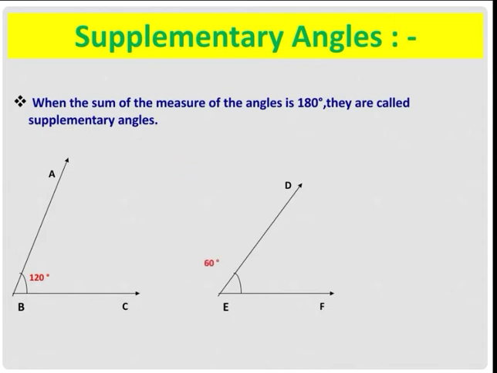The measure of angle DEF is 60 degrees. Now if we add these two angles, the sum should be 180 degrees. Measure of angle ABC plus measure of angle DEF is equal to 120 degrees plus 60 degrees is equal to 180 degrees.